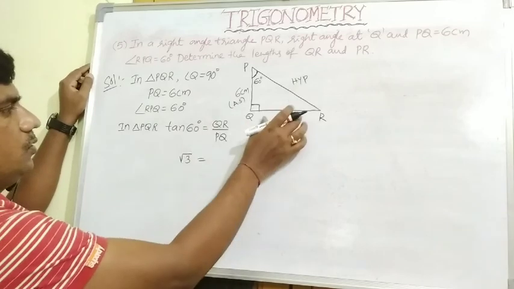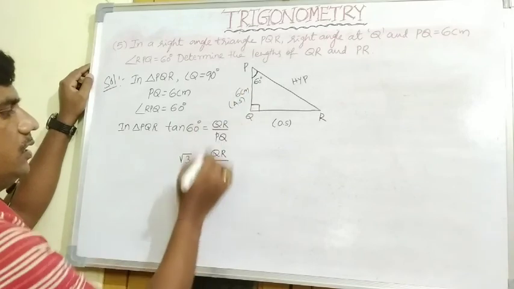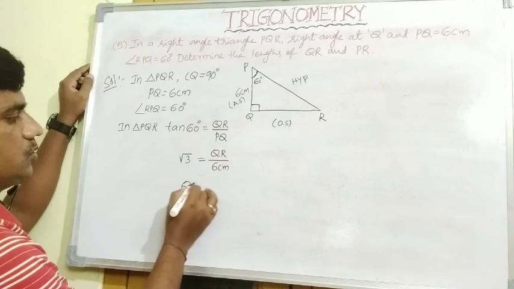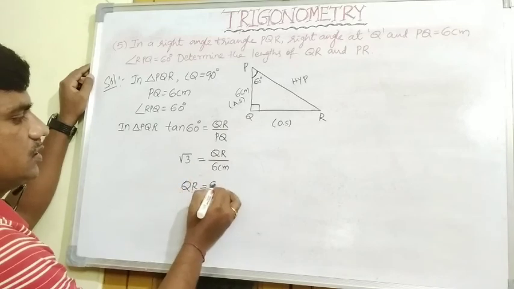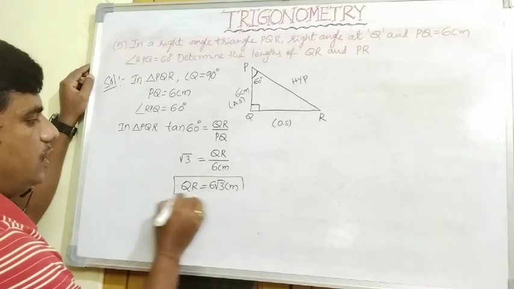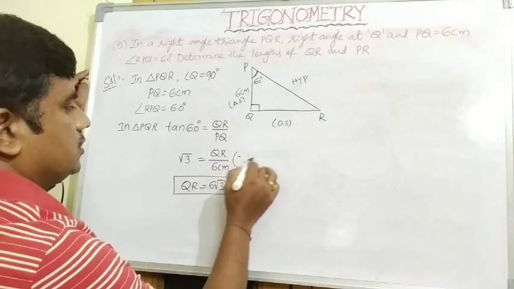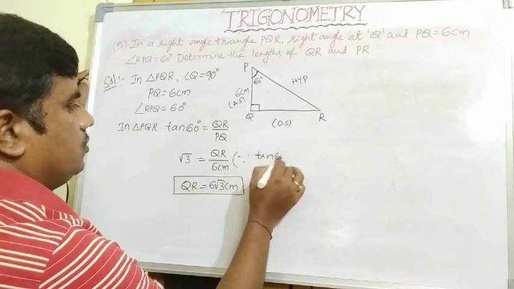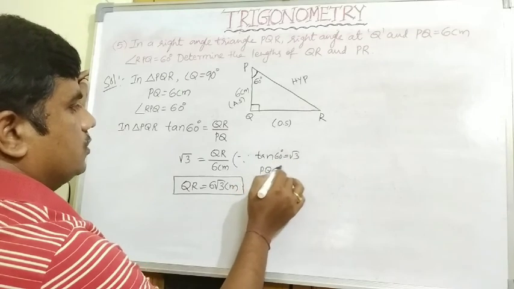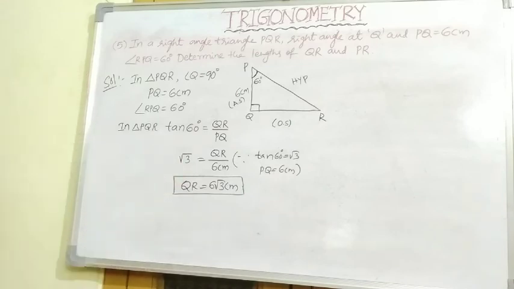Next, QR we have to find, and the PQ length is already given, that is 6 centimeters. Therefore QR equals 6 into root 3, 6 root 3 centimeters. So one length, QR, is 6 root 3 centimeters. Since tan 60 is root 3 and PQ is 6 centimeters, we substituted those.